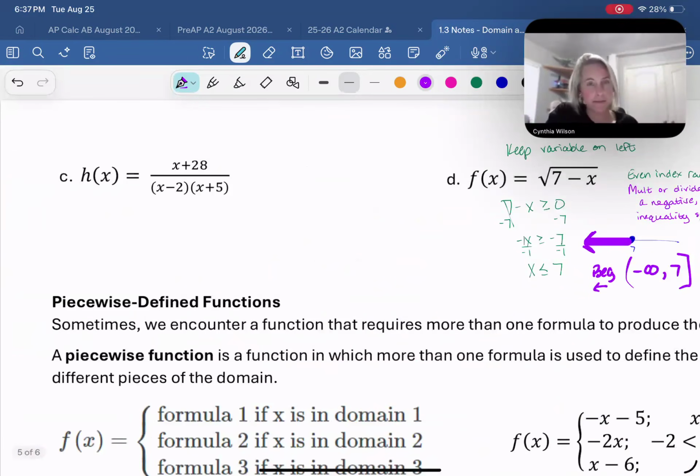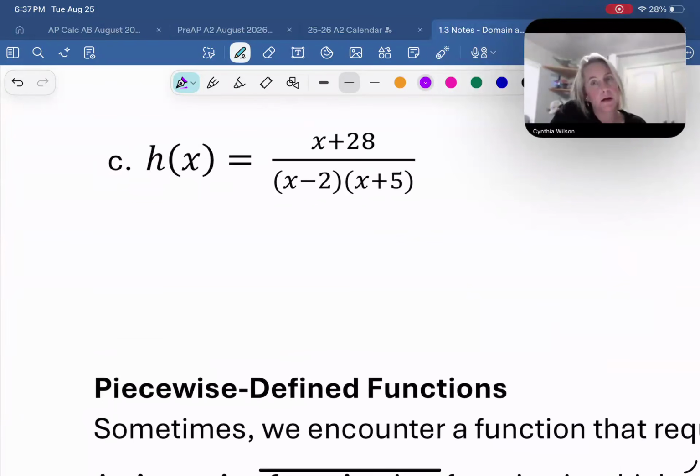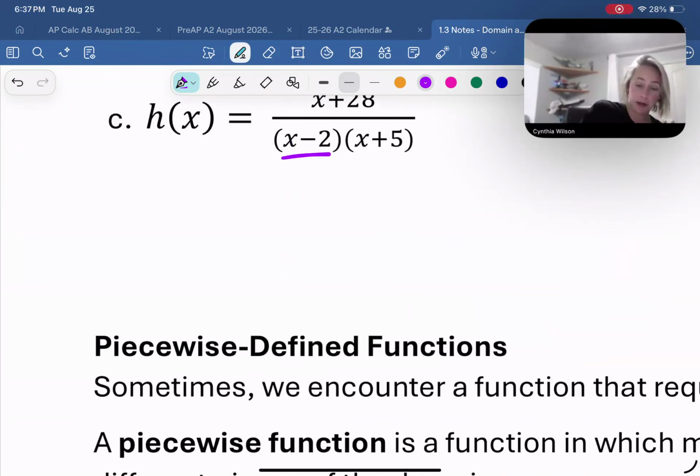Now we go here. And we have this lovely little guy. Okay, ready, take a deep breath. How many variables do you see in the denominator? I have 2, right? I have 1 in these parentheses and 1 in those parentheses, which means we have 2 restrictions on the domain.